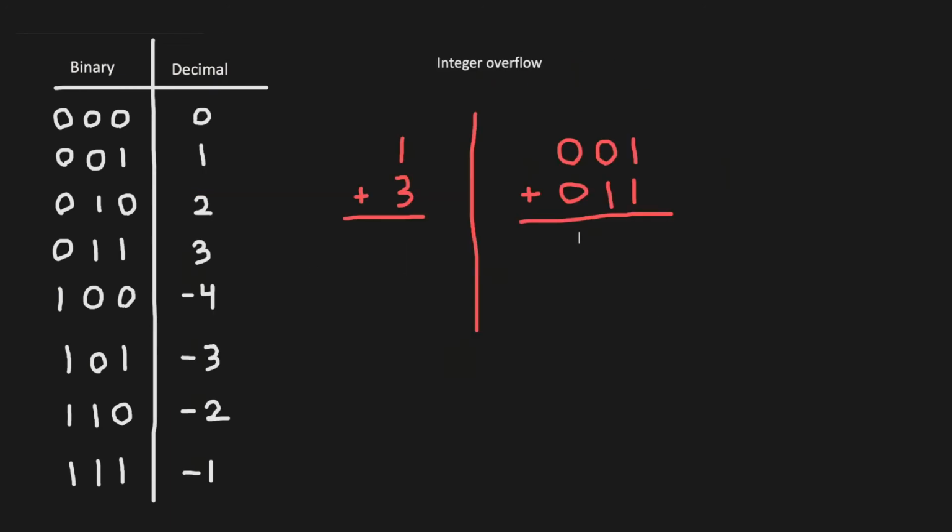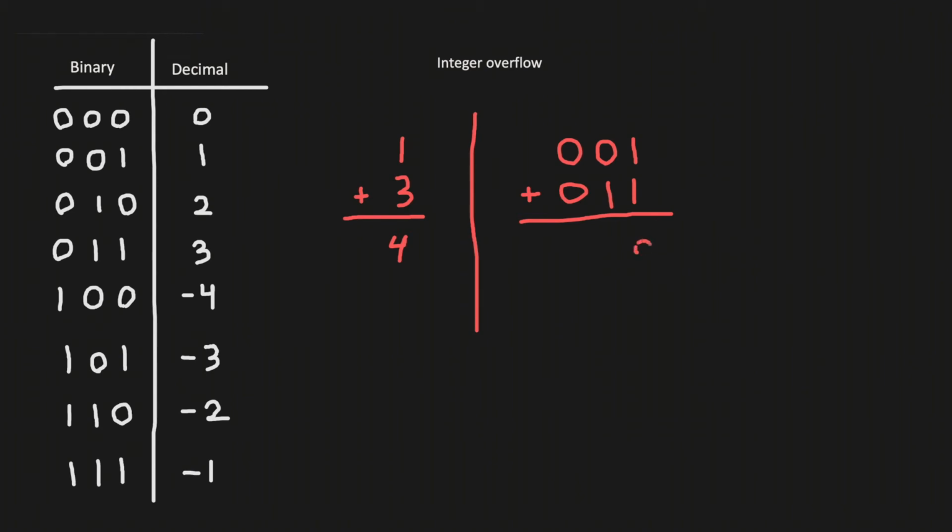Now that we know how to represent negative numbers in binary, I want to talk a little bit about integer overflow. Let's say we want to add the numbers 1 and 3 in our 3-bit system. Well, we know it's equal to 4. However, we can only represent up to positive 3. So what happens when we add the binary representations together?